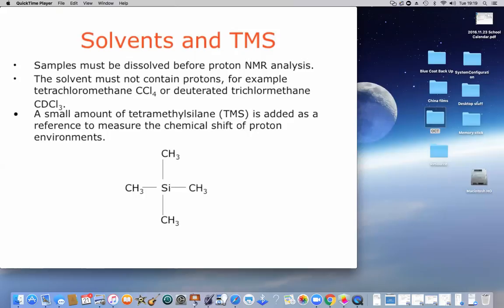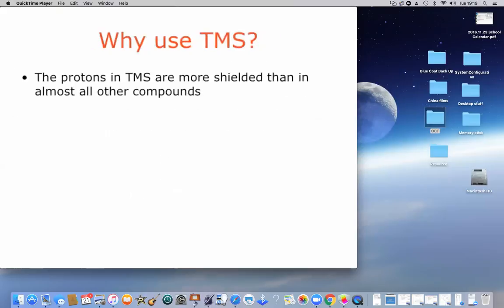So why do we use tetramethylsilane for our reference signal? Well, the protons in TMS are more shielded than in almost all other compounds. What do I mean by shielding? Well, the electrons that are in the hydrogen's covalent bond can have the effect of shielding the hydrogen nucleus from the magnetic field.